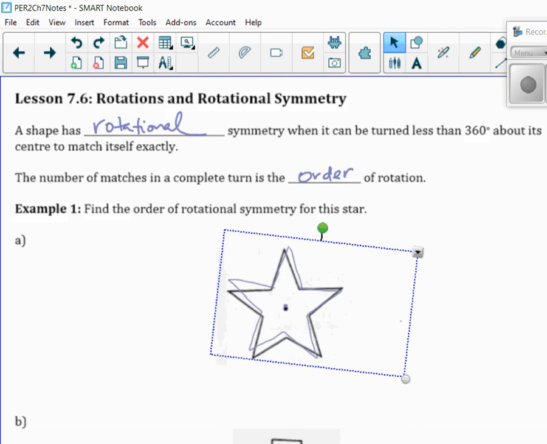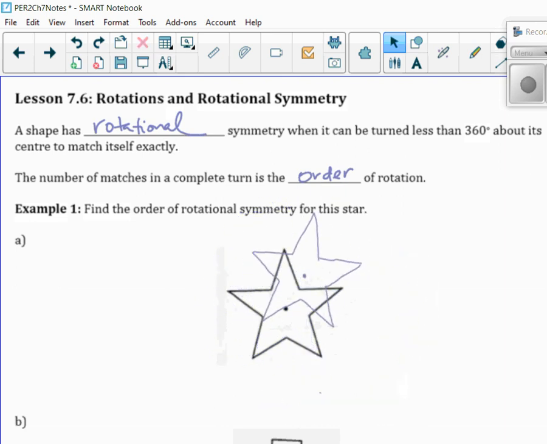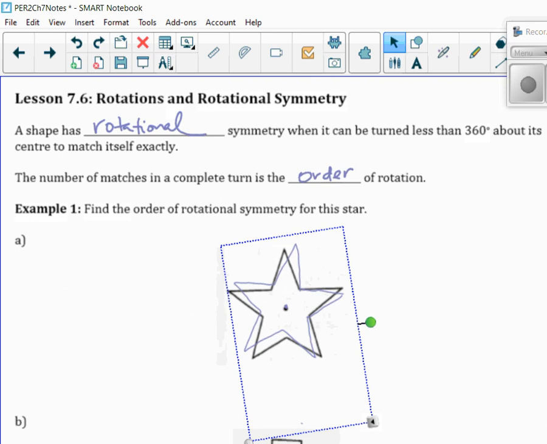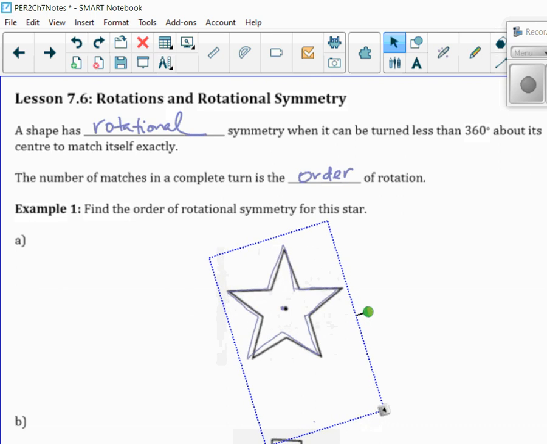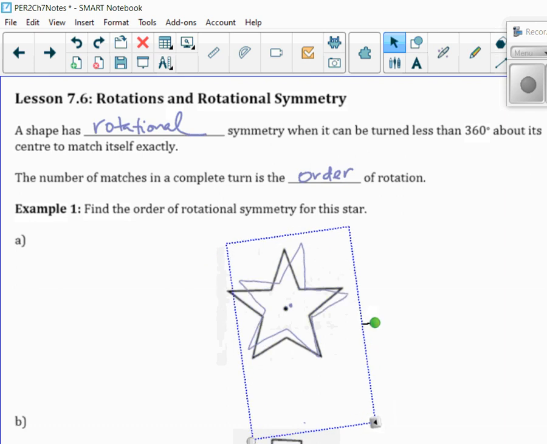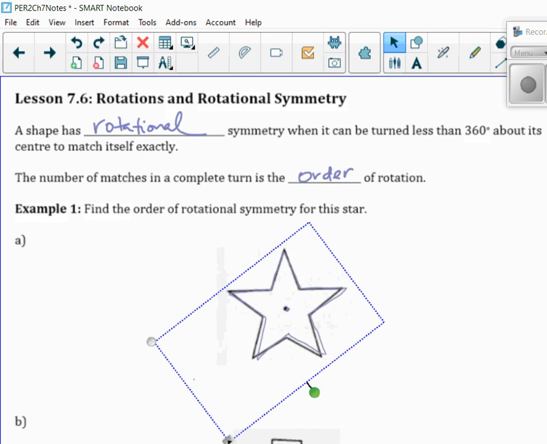Although my magical thing kind of moves, you can see, okay, so it lined up. There's one time. Remember my green thing was at the top. Then I keep on rotating. Again, my center is not right on there. There's twice.